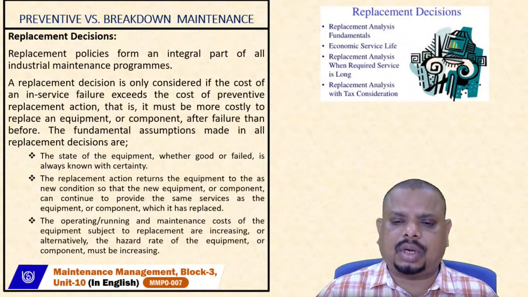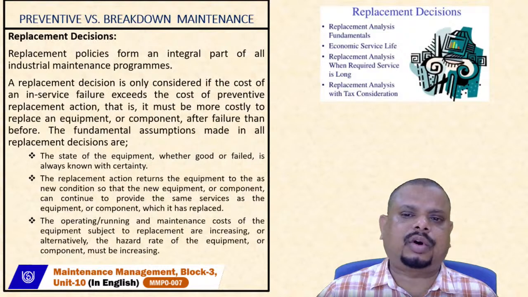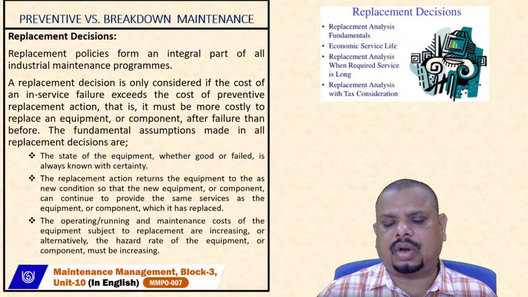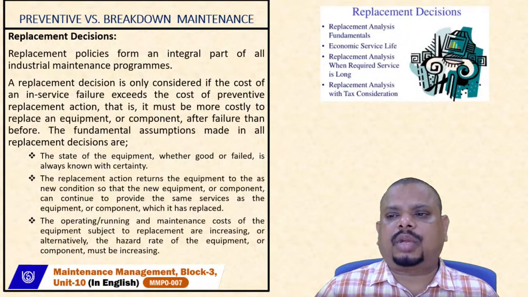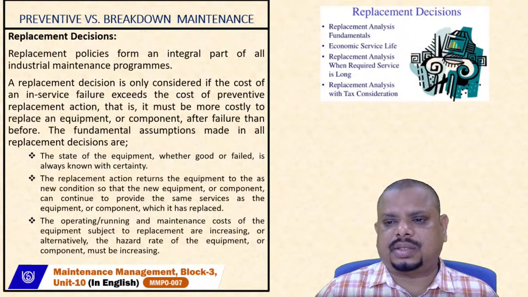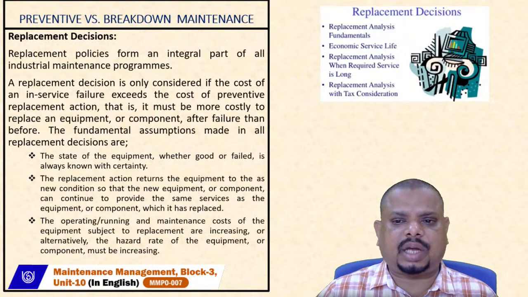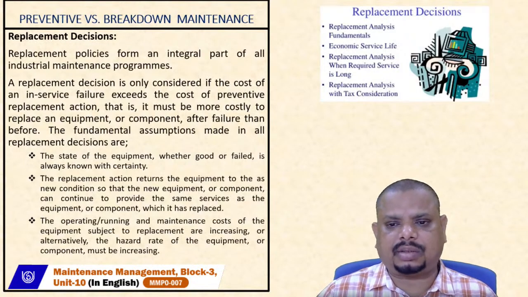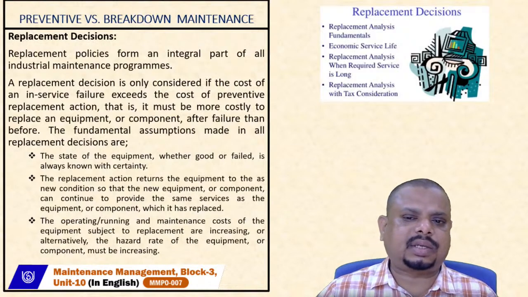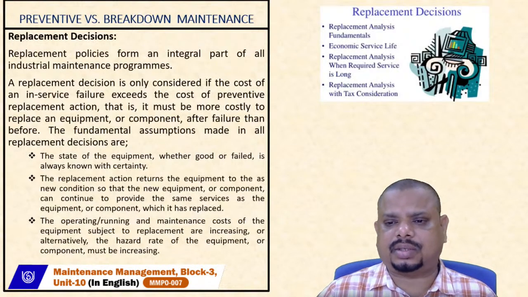Then the organization or department must go for replacement analysis when the service is required for a long period or long-range activities. And the last one is the replacement analysis with tax considerations. If a company has invested a large amount of money in spare parts, in that case they must consider tax considerations with respect to replacement analysis.